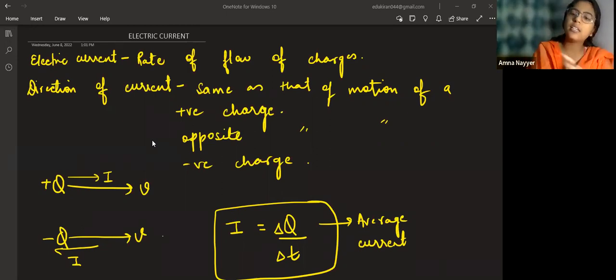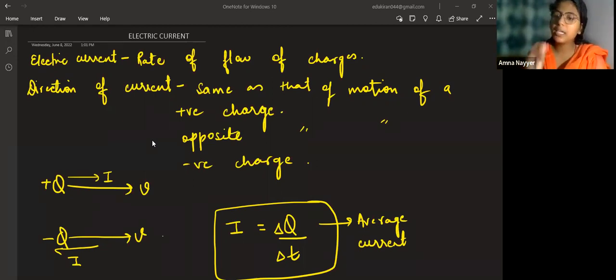When there is a duration, it has a starting and an ending, like from 4 p.m. to 7 p.m., or from 0.2 seconds to 0.9 seconds, that is average current. That time you will calculate average current. You take the difference of the final and initial charges, divided by the time difference, final time minus initial time.